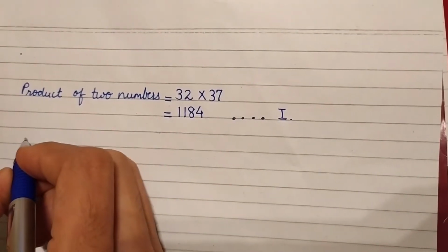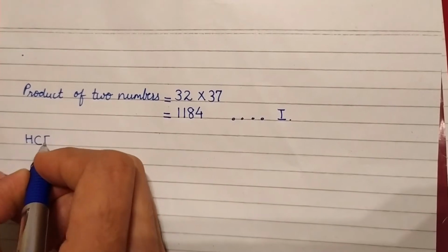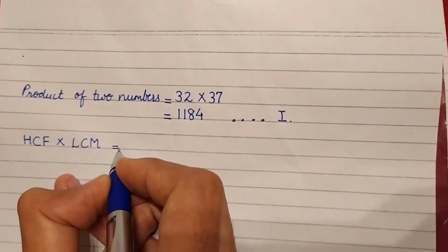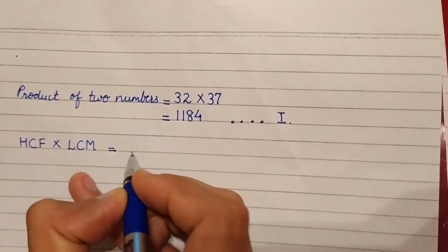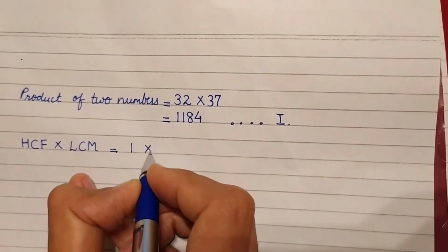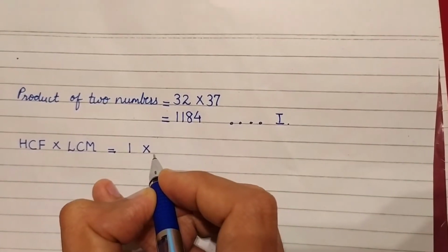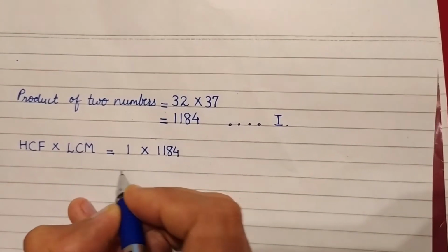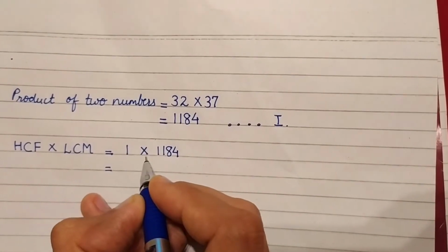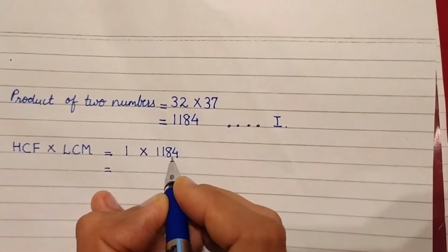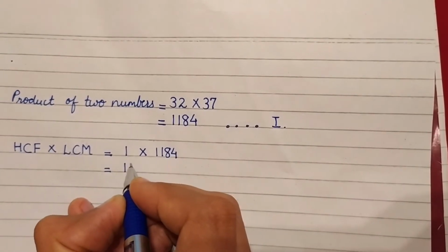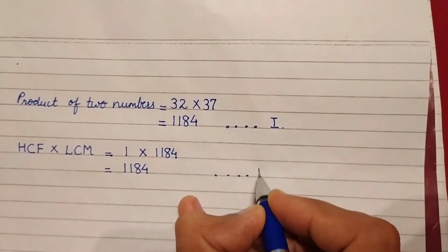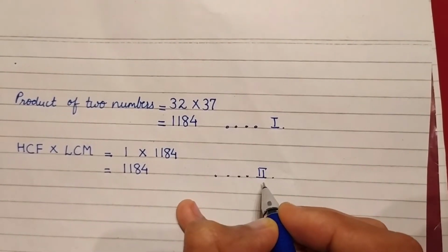Now let's find out product of HCF and LCM. HCF into LCM is equals to, now what is the HCF? HCF is 1. What is LCM? LCM is 1184. So product of 1 into 1184 is 1184. This can be marked as statement number 2.